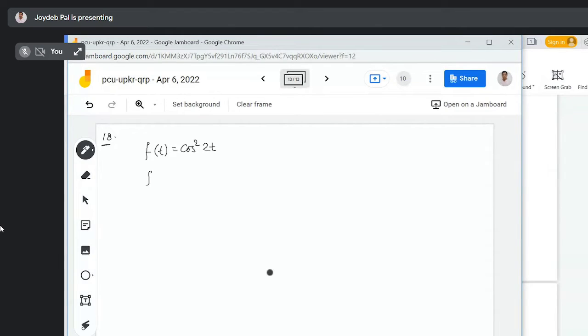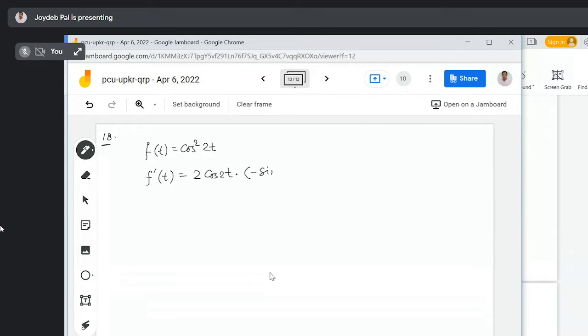Now f dash t will be, what is the differentiation of this function? 2 cos 2t into what is the differentiation of cos 2t?